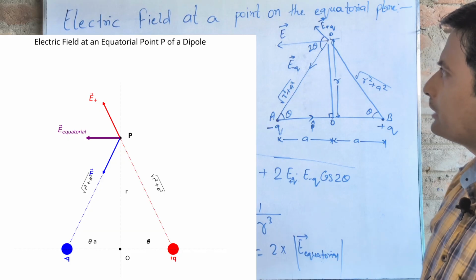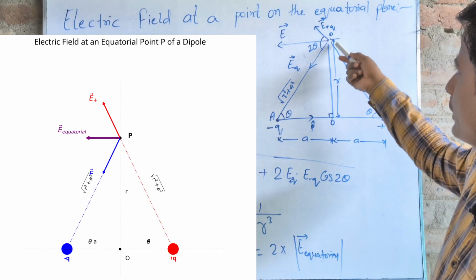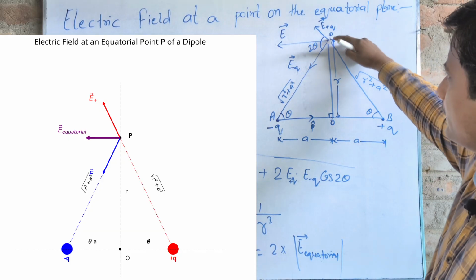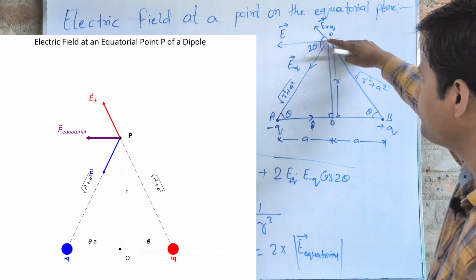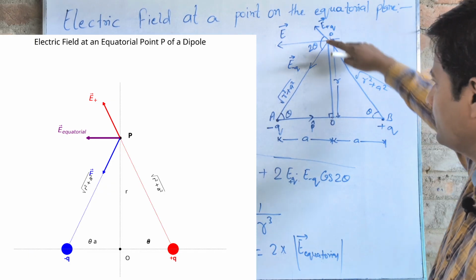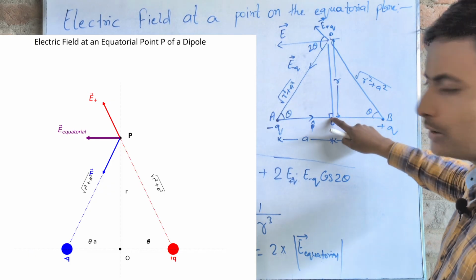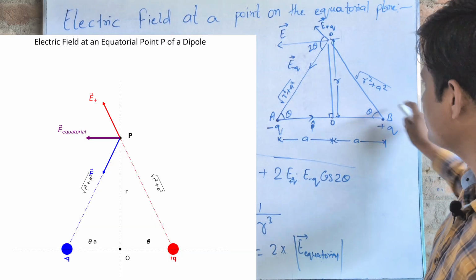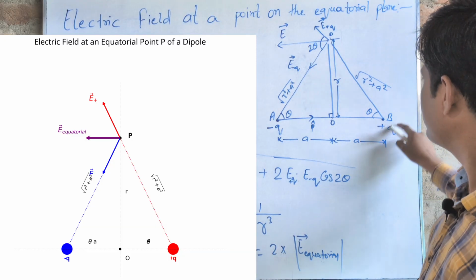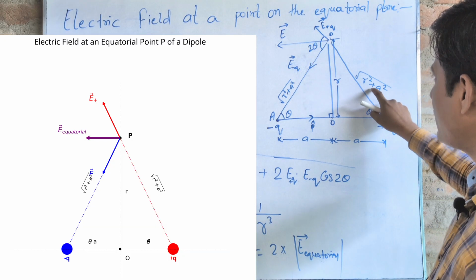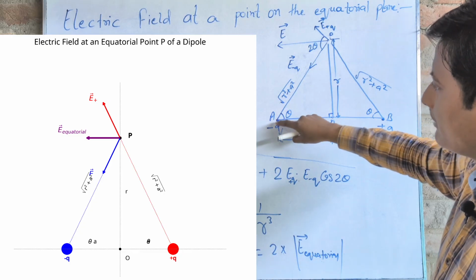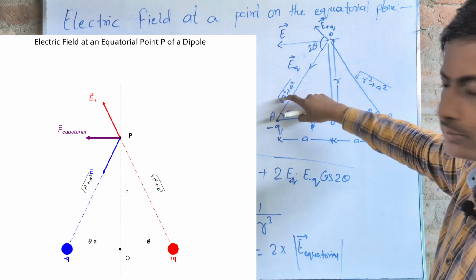So now we are going to understand the electric field at a point on the equatorial plane. Here P is the point situated on the equatorial plane, r distance from the center of the dipole. The distance between the plus q charge and P is root under r square plus a square, and the distance between the minus q charge and P is also root under r square plus a square, the same value.